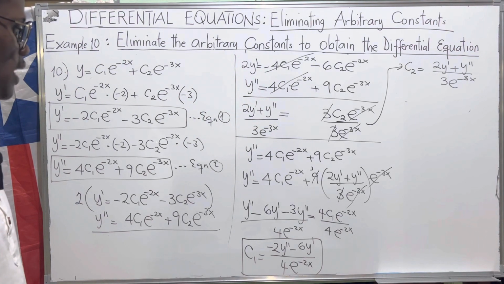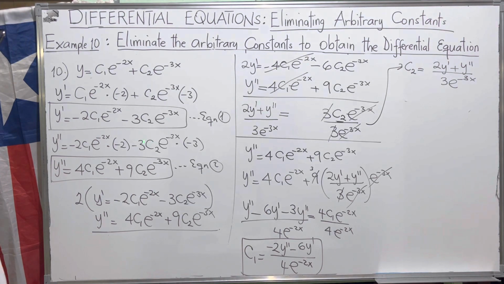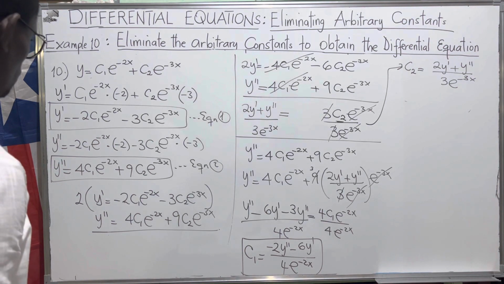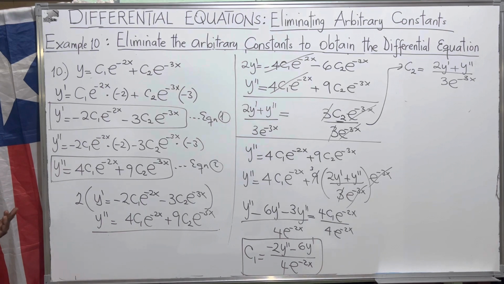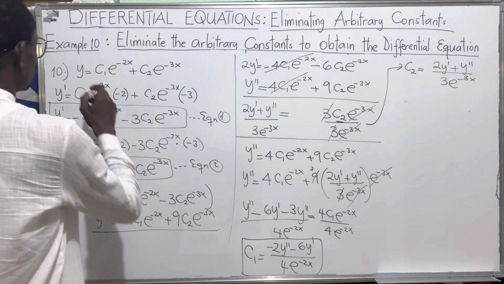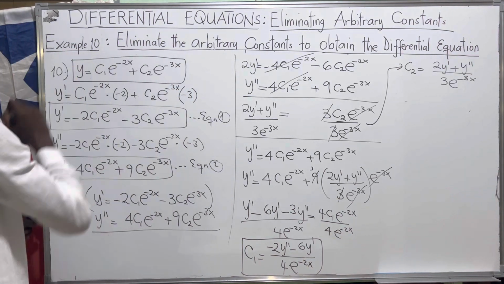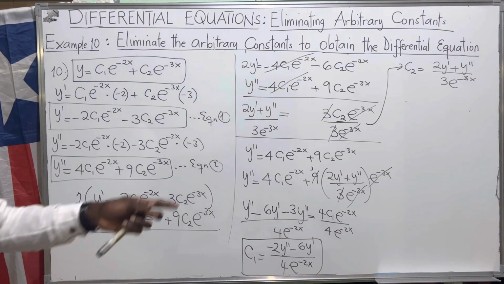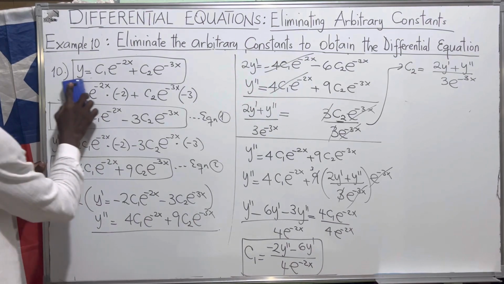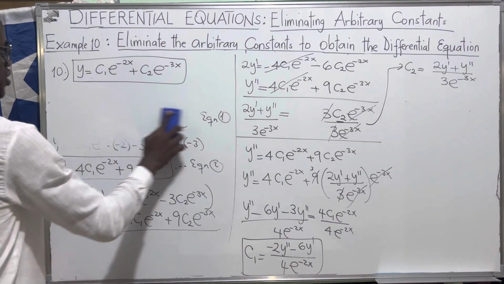So what I need to do now is be able to replace C1 and C2 within the original equation. So I have C1 and C2, and I replace them now within the original equation.